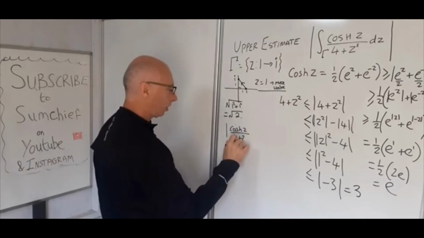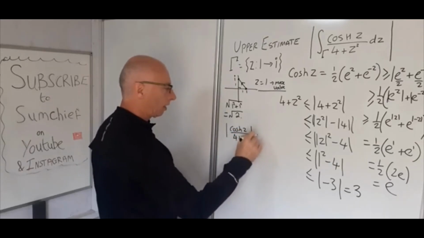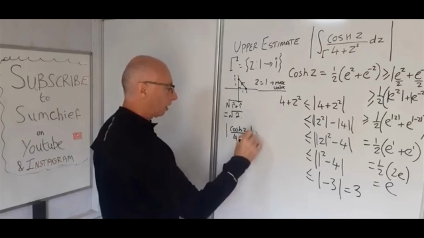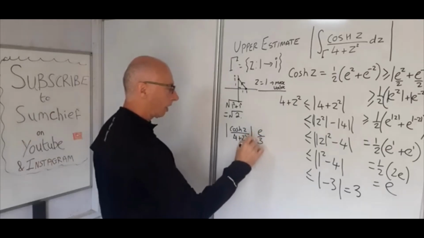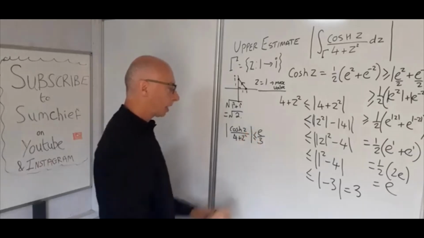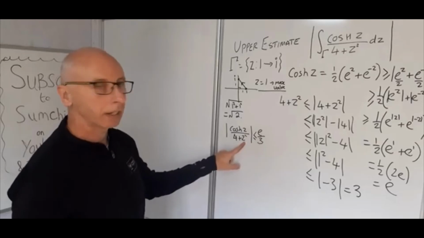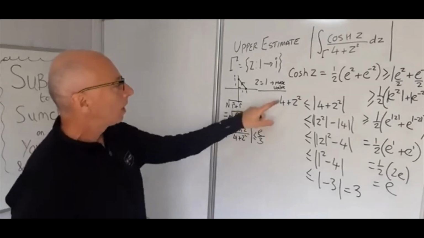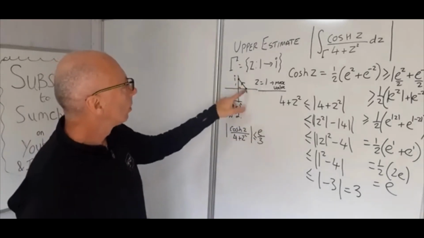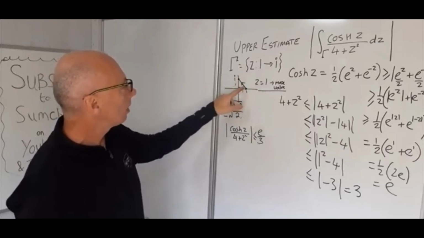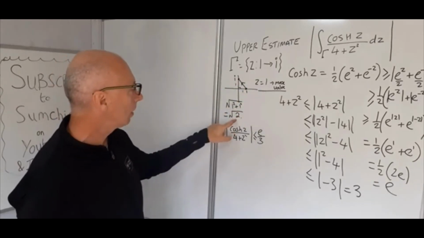So for cosh of z over 4 plus z squared, the maximum value is e over 3. Now we introduce the length of the contour. The length of gamma here is the square root of 2, which we calculated earlier.